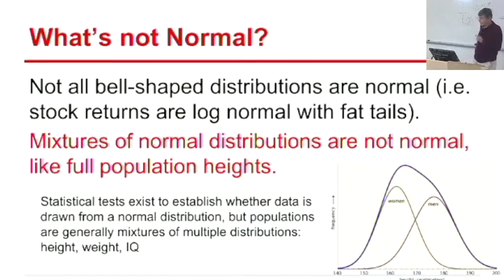Is there any data set that is perfectly normally distributed? The answer would be points that are sampled theoretically from a normal distribution. We'll talk about random sampling a little bit later, but the answer is yes, when you construct it from a normal distribution.